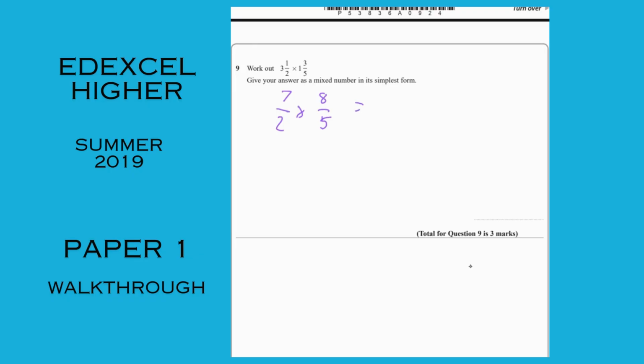Top times top, bottom times bottom, or you could pre-cancel with the 8 and the 2. It's entirely up to you. 10 goes into 56 5 with a remainder of 6, and that remainder has the same denominator. Simplest form though, 5 3/5 for the right answer.